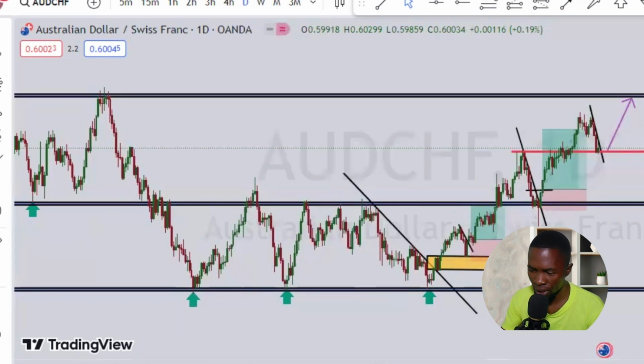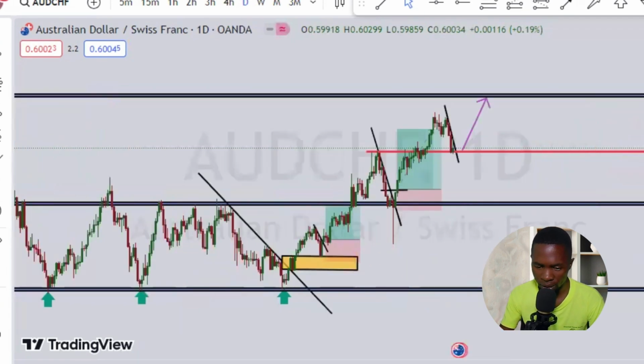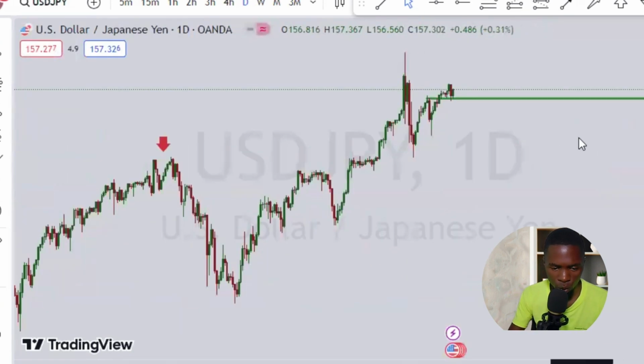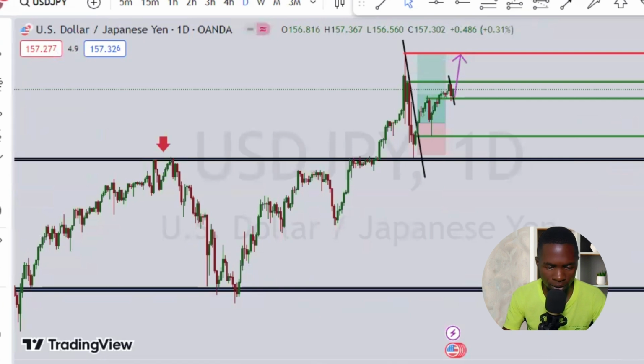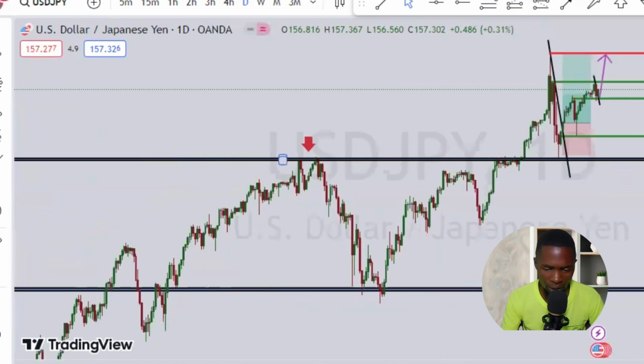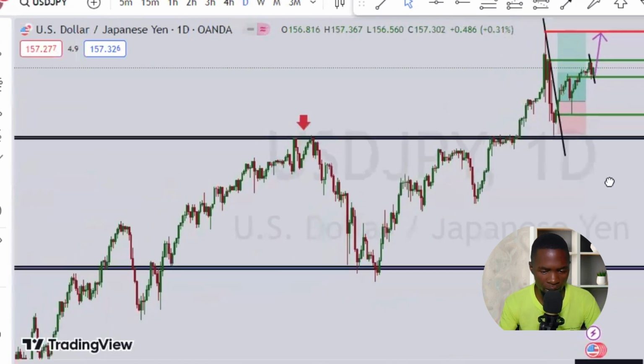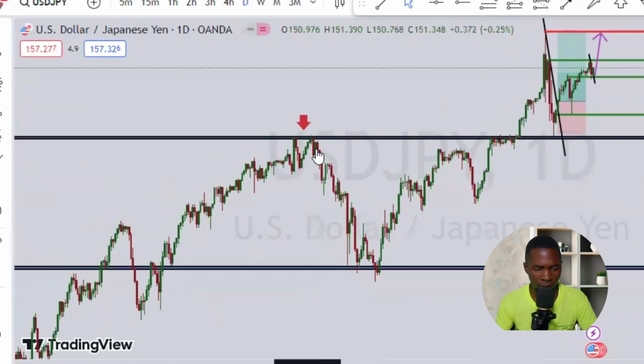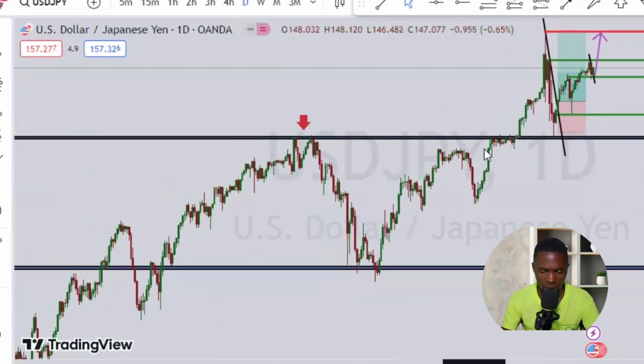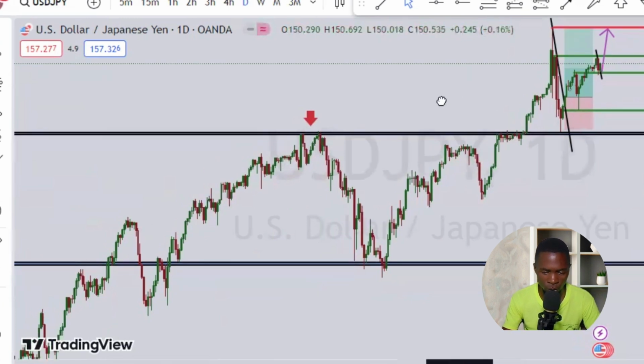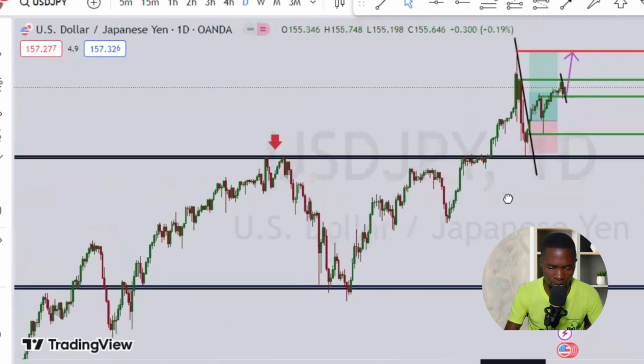So next, we are going to another pair. And this time I'm going to analyze a little bit of USD JPY. As you can remember very clearly, the market was at the resistance level. The market broke the resistance level to form another support.